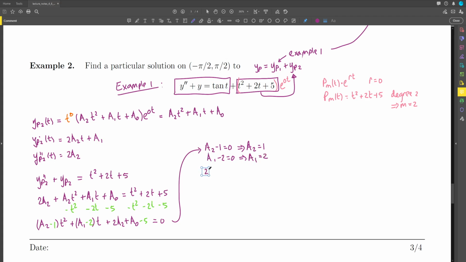And then finally 2a2 plus a naught minus 5 equals 0. Plug in a2 equals 1, so we have 2 minus 5, which is minus 3. So in the end, we get that a naught equals 3.